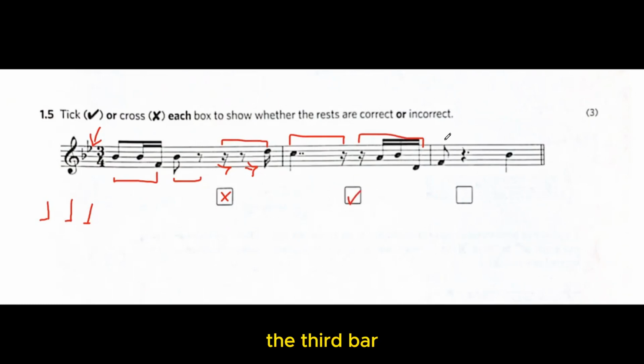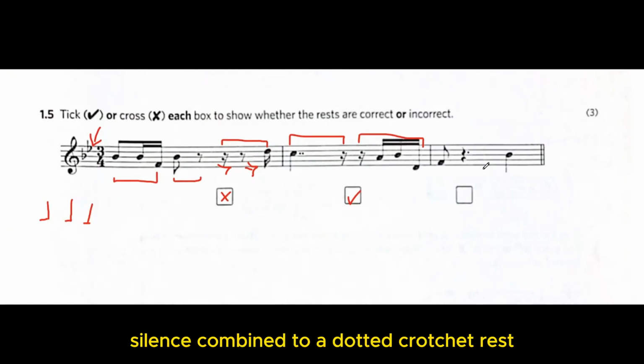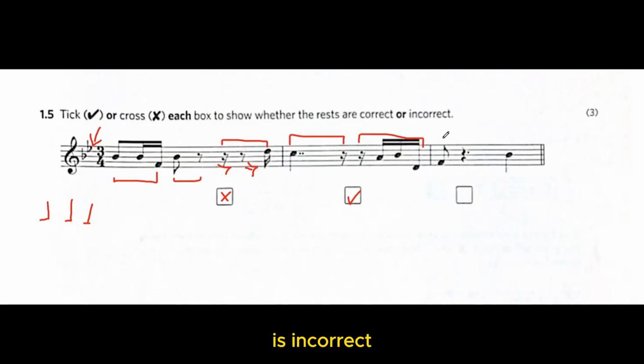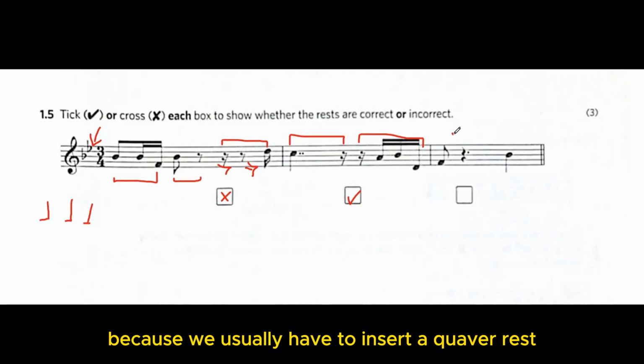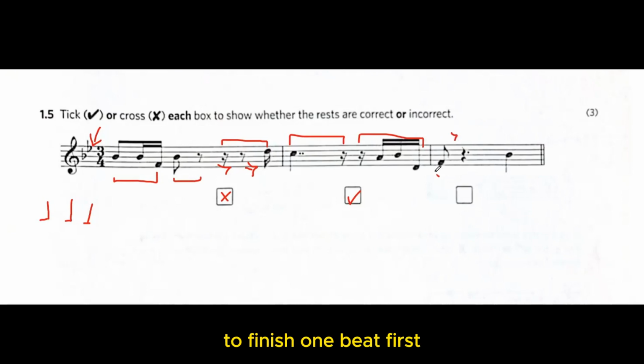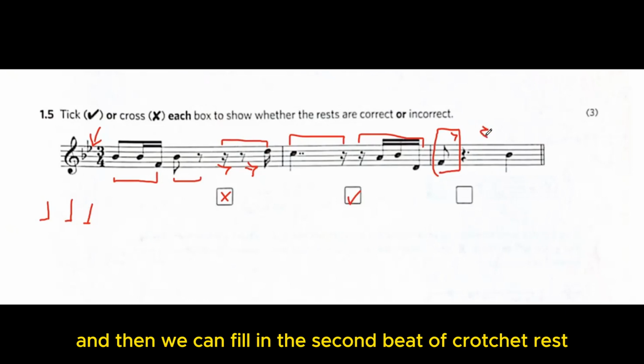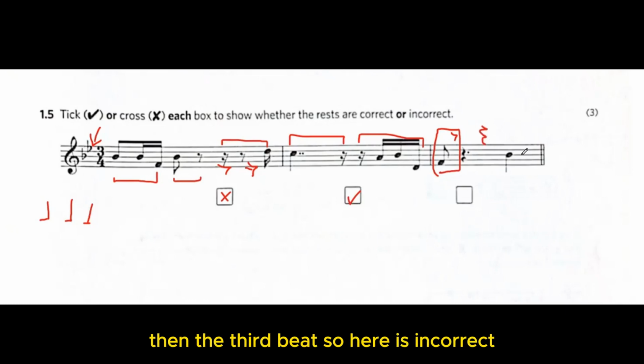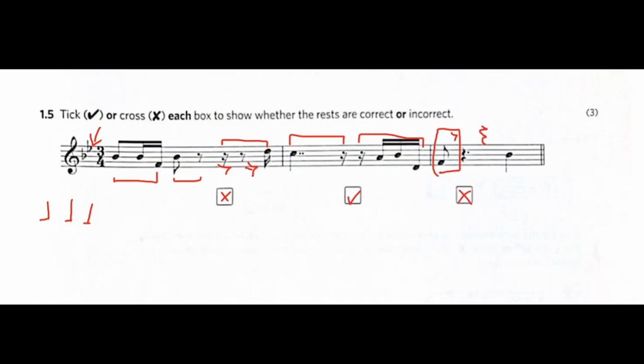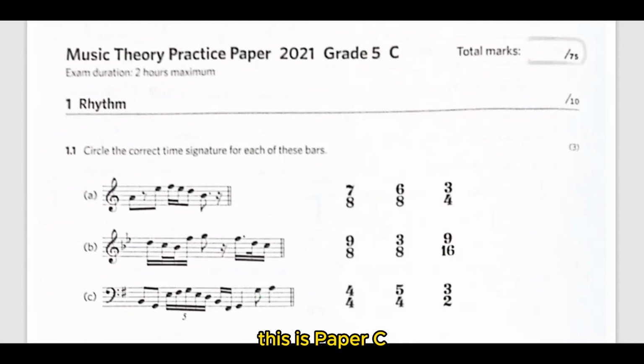The third bar, we start with a quaver, and all the middle silence combined to a dotted crotchet rest is incorrect because we usually have to insert a quaver rest to finish one beat first, and then we can fill in the second beat of crotchet rest, then the third beat. So here is incorrect.